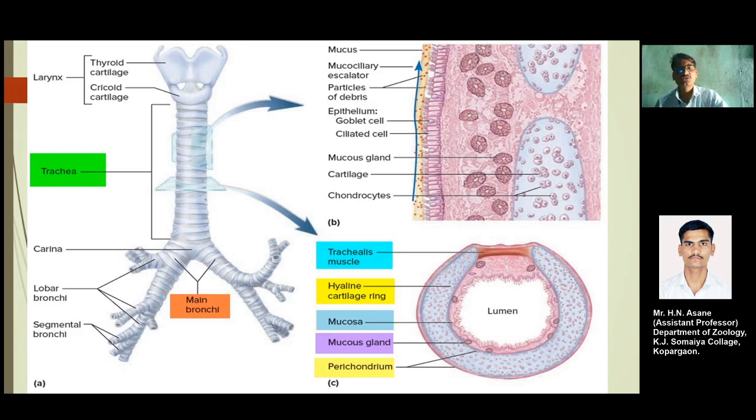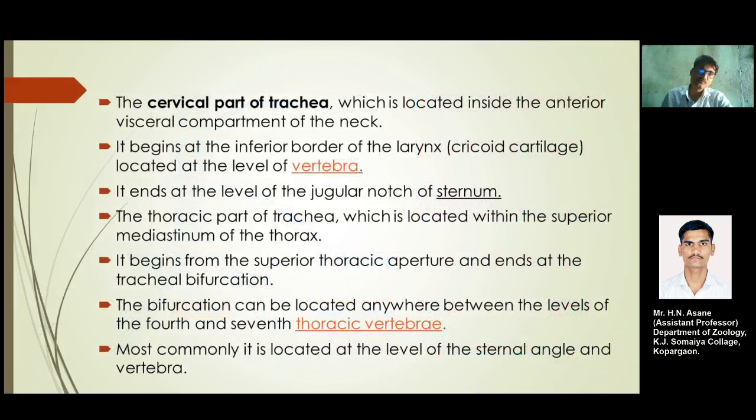Okay, so these milky white structures are nothing but the hyaline cartilages, and the chondrocytes are the cells of these hyaline cartilages. Okay, as we move forward, the cervical part of the trachea is located inside the anterior visceral compartment of the neck.